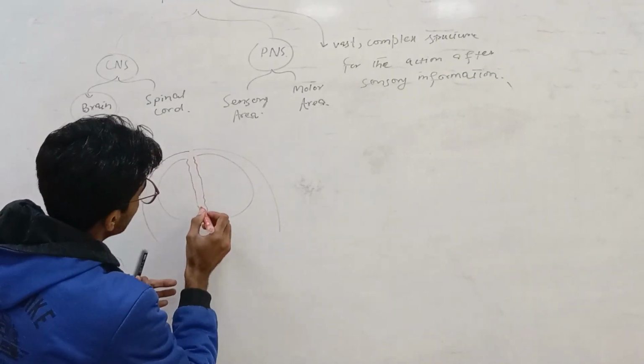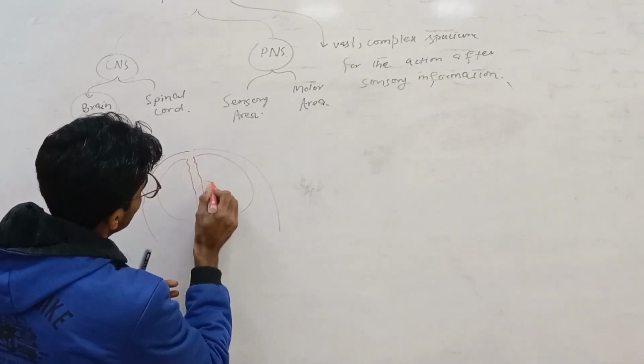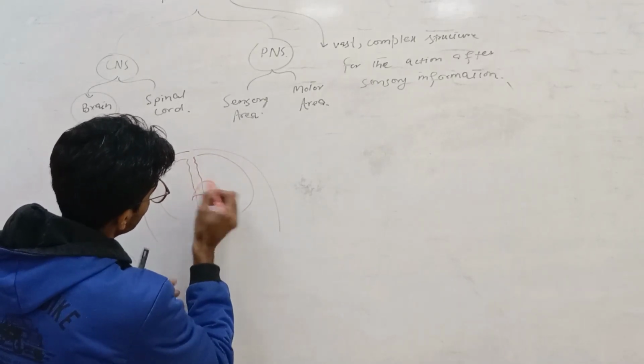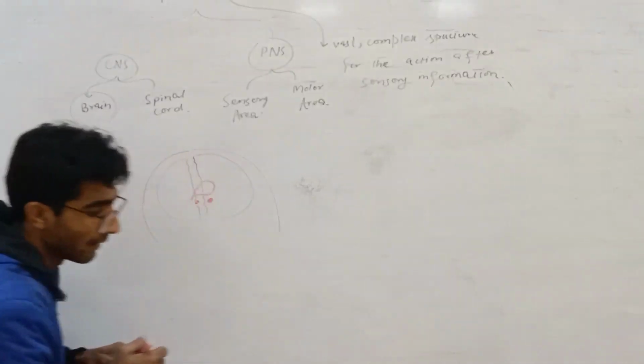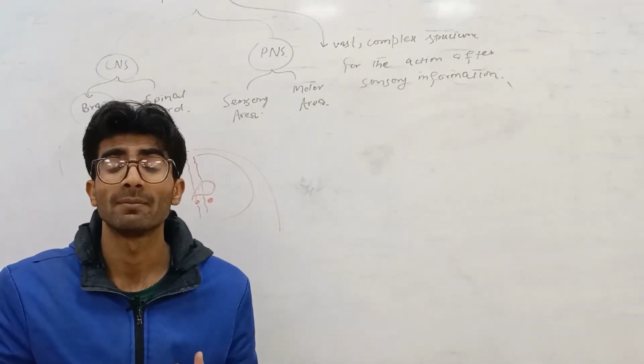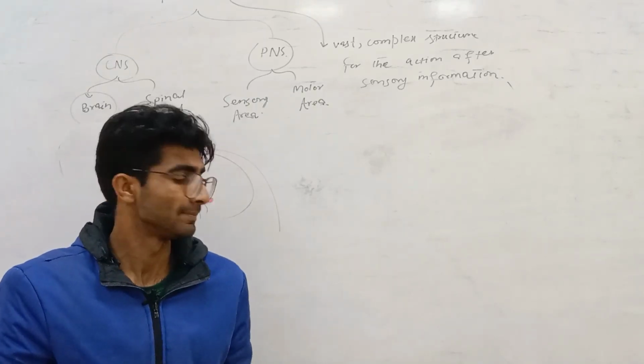Within these two hemispheres, we have basal ganglia, hypothalamus, limbic system, pituitary gland, and the cerebellum region in the brain.